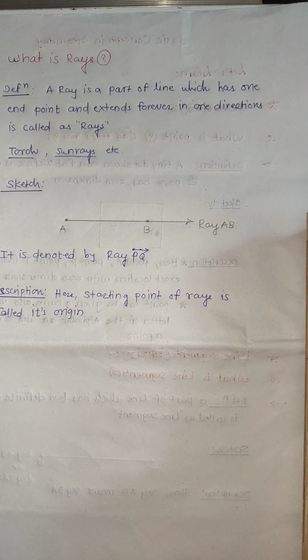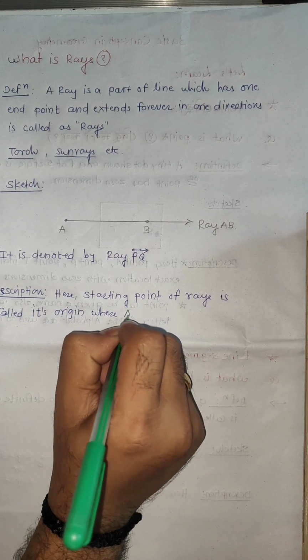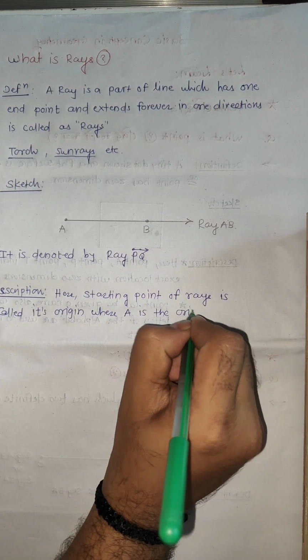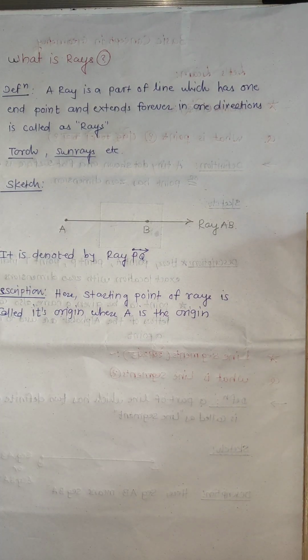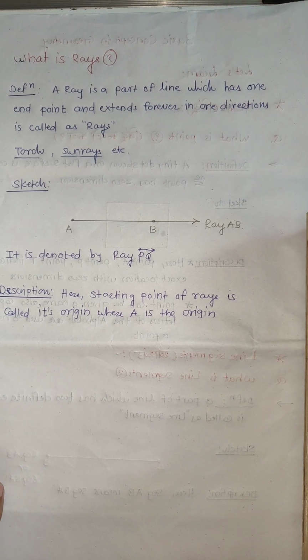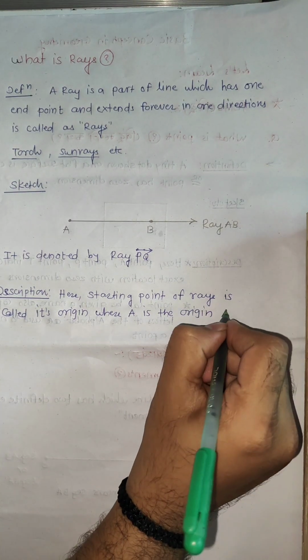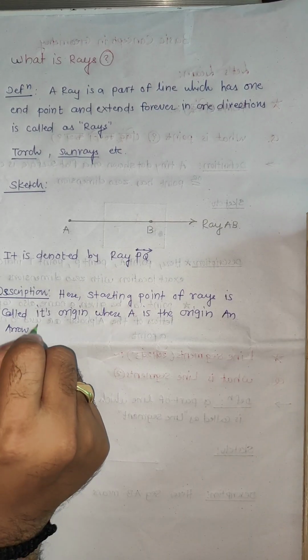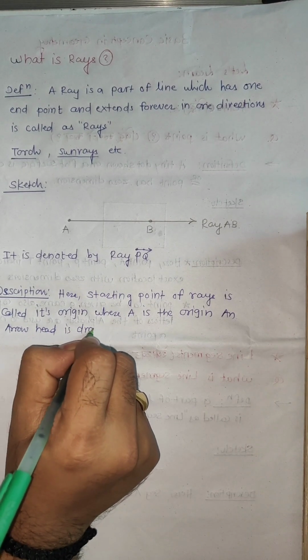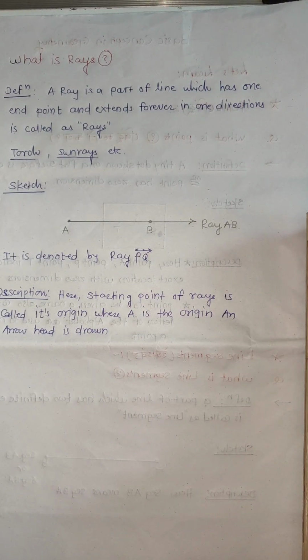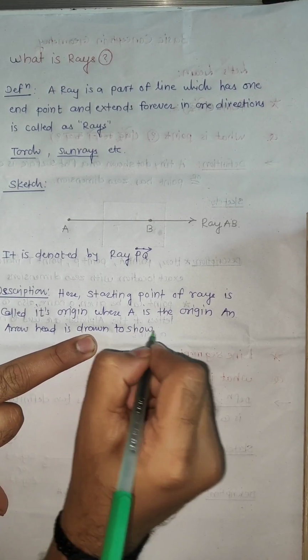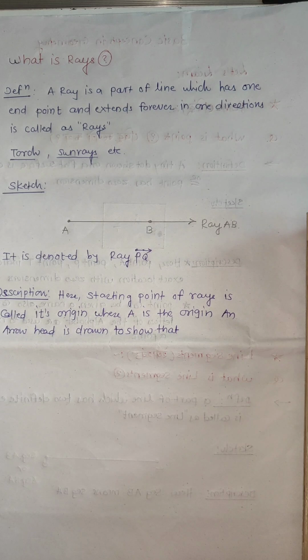Here A is the origin, and an arrowhead is drawn to show that the ray is infinite in the direction of B.